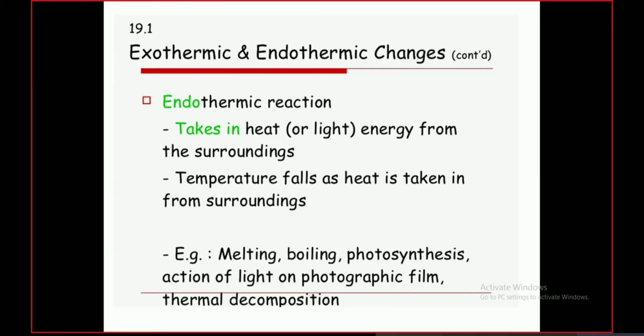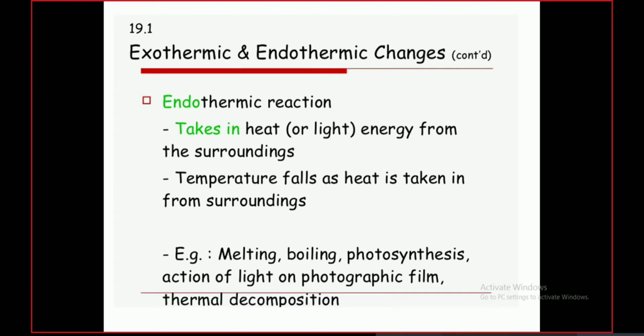If you talk about the action of light on the photographic film, nowadays smartphones and digital devices are very commonly used. But a few years ago, when cameras used film, a silver chloride layer was pasted on those photographic films. When you push the button, the flash of light falls on the photographic film, and that light takes the image of the object in front of it.